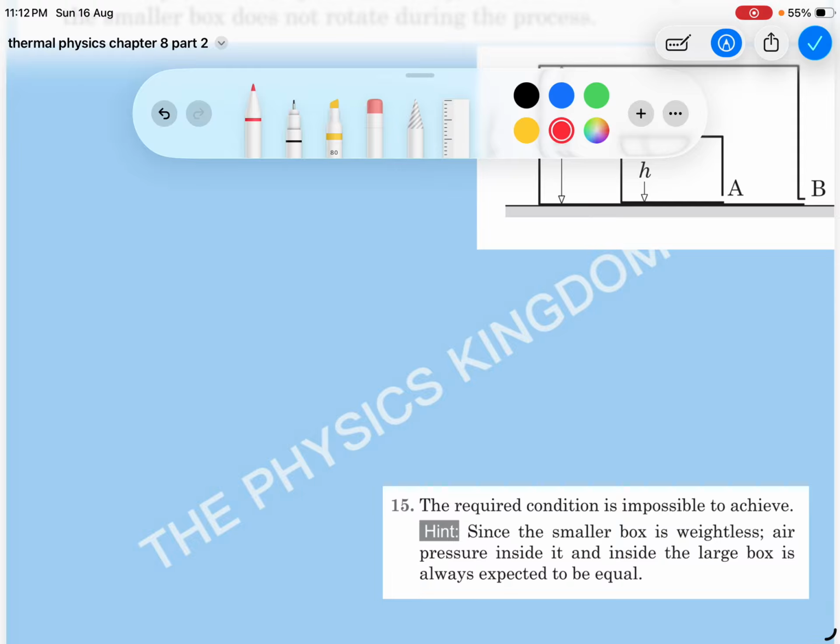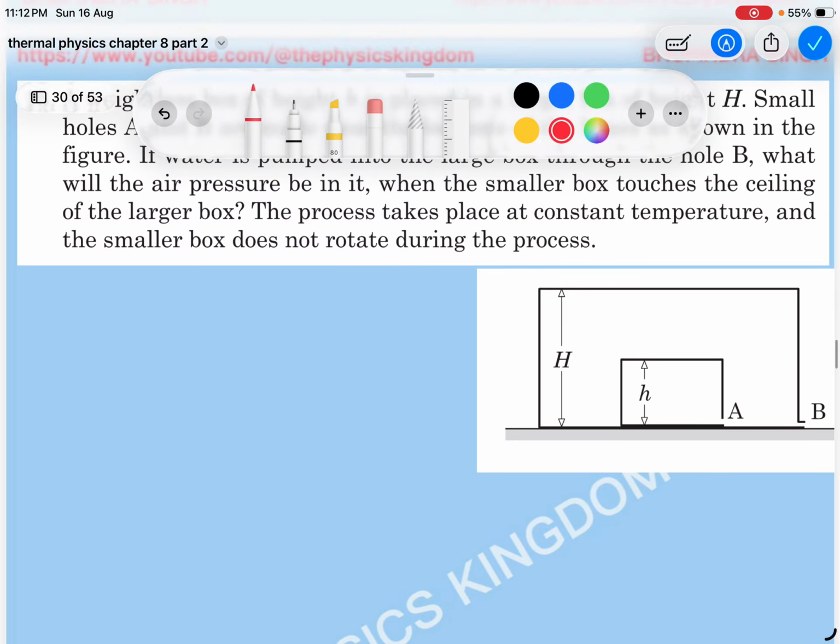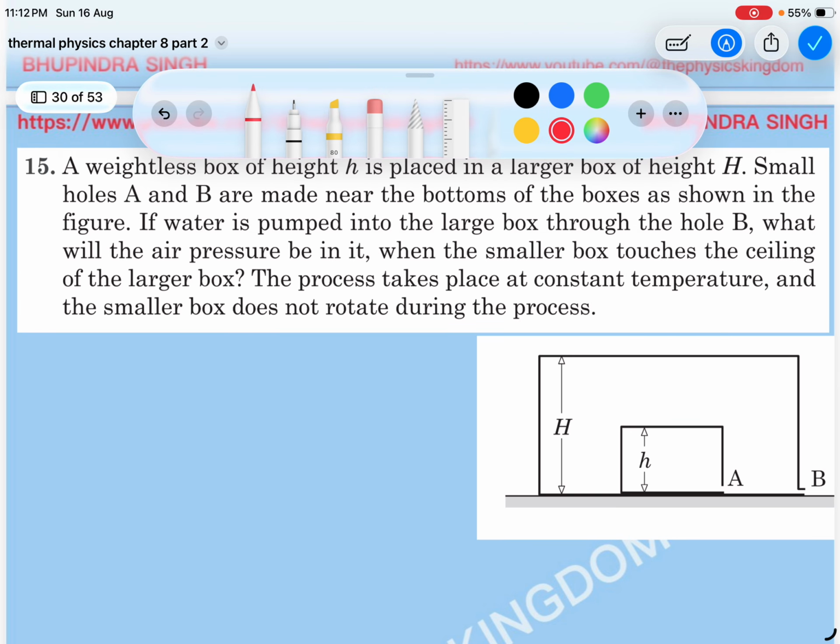The smaller box is weightless, and air pressure inside it and inside the larger box is always expected to be equal. So whether some lag is there in the language or in the answer, because according to me the language is perfect and you must get some answer to this question, right?